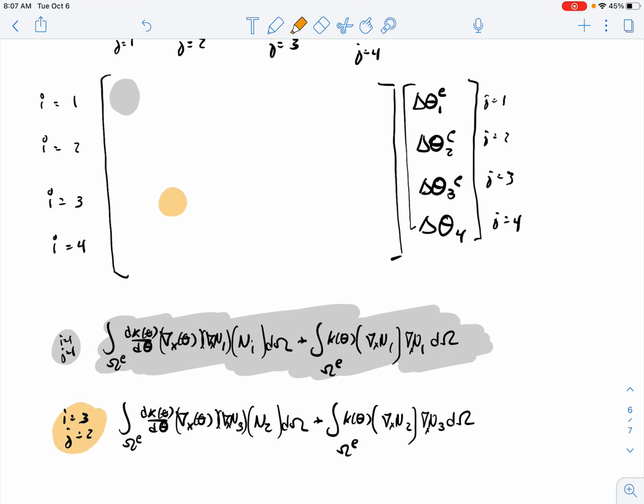And that would be that entry. So overall, you have a 4x4 combination for this.